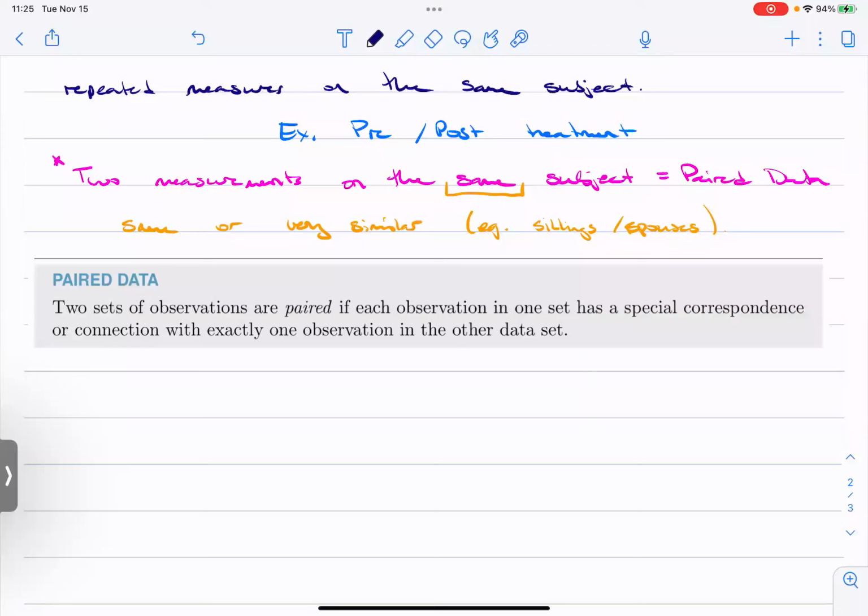Now, if you think about it this way, I might have a student who's coming in for tutoring, but they're already a very strong student. Their pre-scores are going to be quite high. But if I'm doing my job right, then their post scores should be higher.